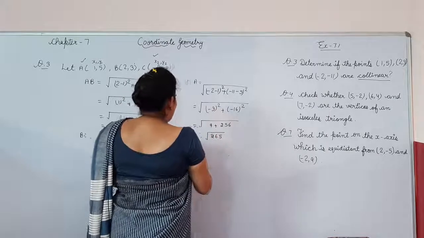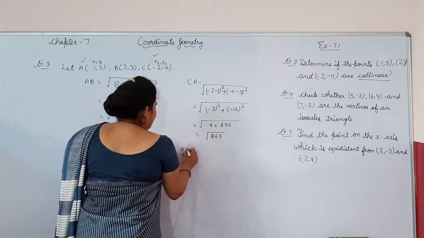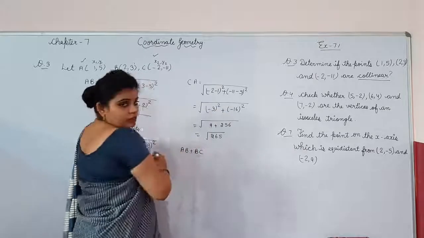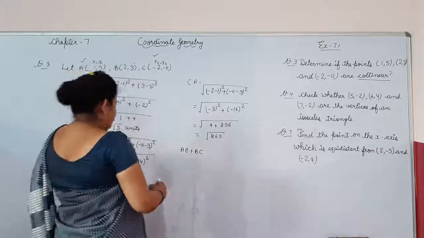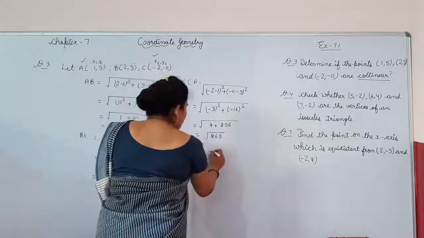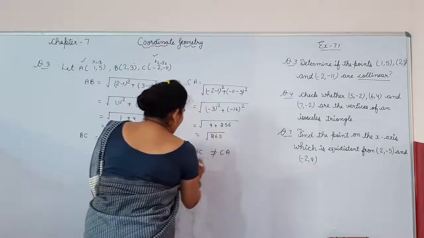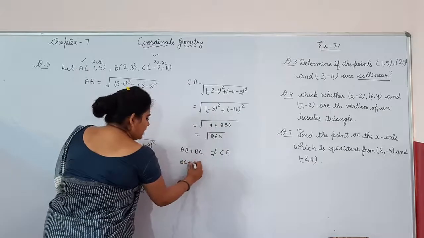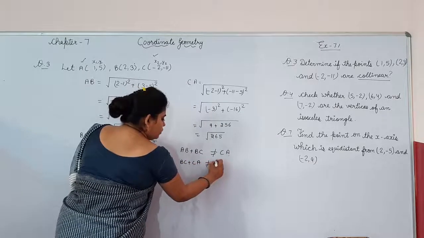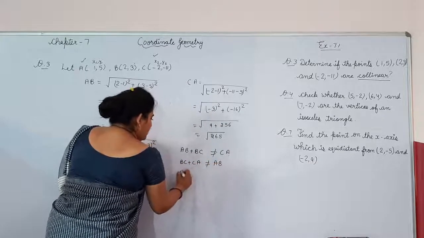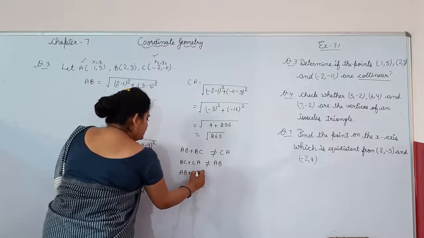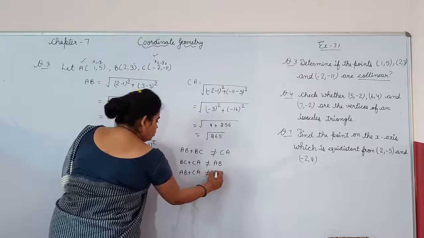Now on adding we will get 265. Now on checking, AB plus BC, if we are adding these, it is not equal to CA, or if we are adding BC and CA, it is not equal to AB, or if we are adding AB and CA, it is not equal to BC.